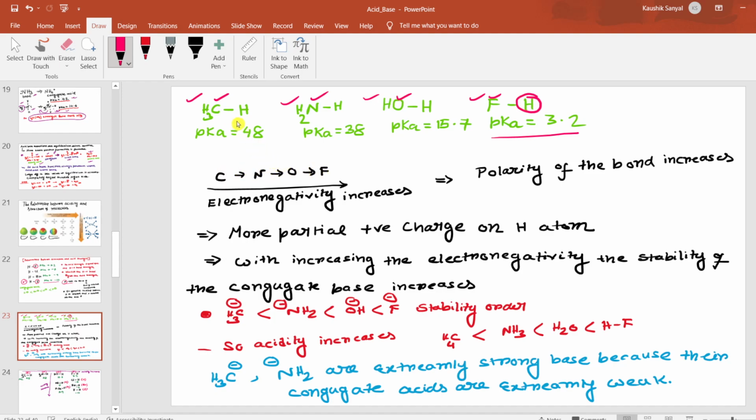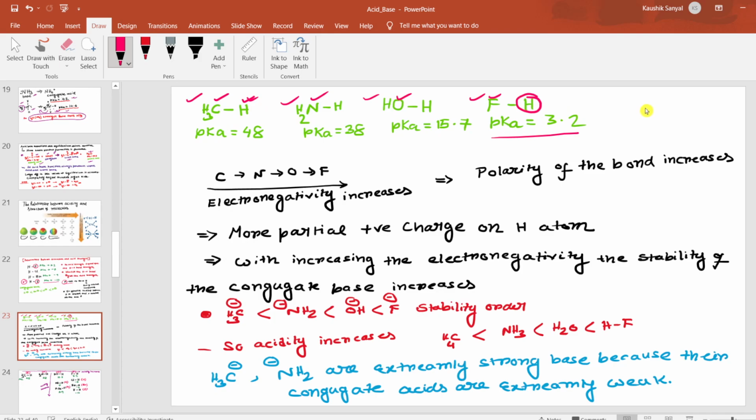As the electronegativity of the atom increases, the polarity of the corresponding bond increases, here in the case of the CH bond, in this case the NH bond, in this case the OH bond. So as we move left to right, the polarity of the bond increases, and there will be more partial positive charge on the hydrogen atom.